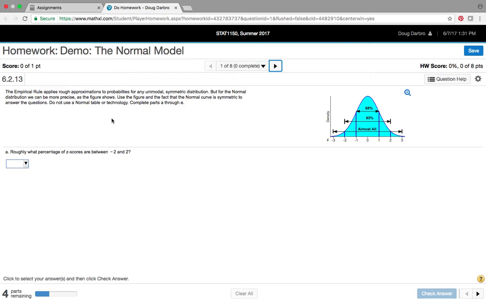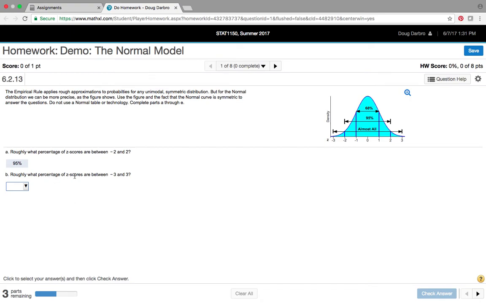So question number 1 deals with the empirical rule, and remember it's also known as the 68, 95, 99.7% rule. They call it almost all, which is cool. So roughly what percentage of z-scores are between -2 and +2? That's really easy. Gosh, don't you wish statistics stayed that easy?